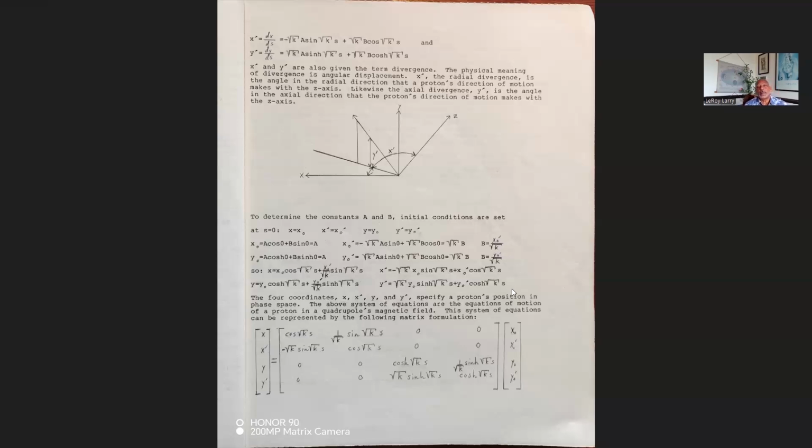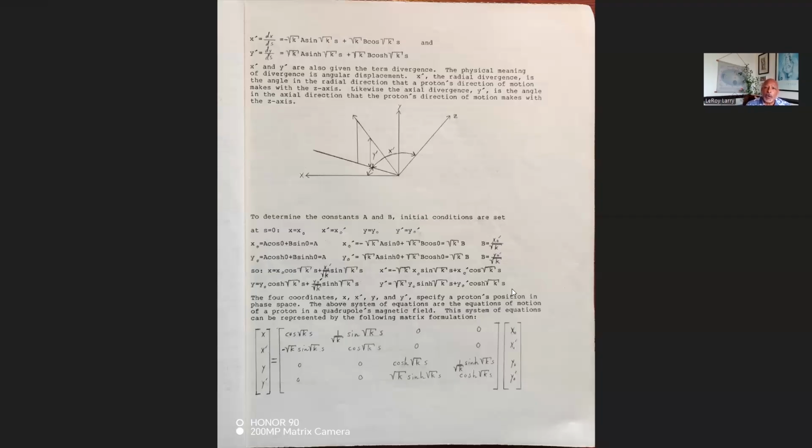Mathematically, we have been able to identify its position in phase space, which is the horizontal and vertical position with respect to that central trajectory. Not with respect to time, but with respect to s, that trajectory down through those quadrupole magnets.